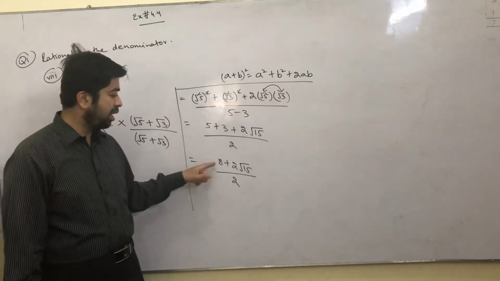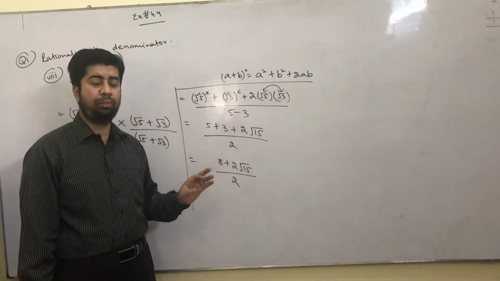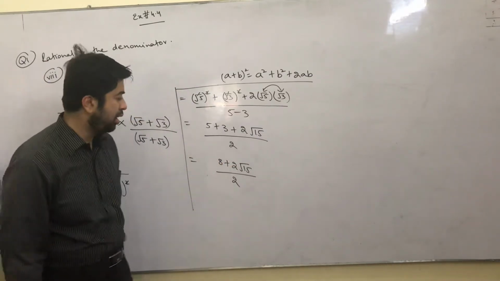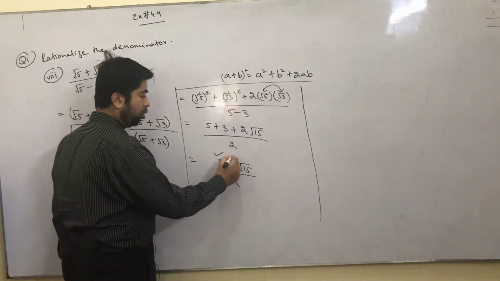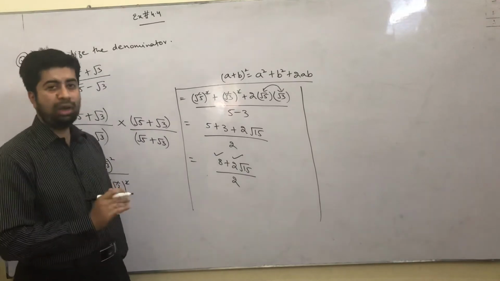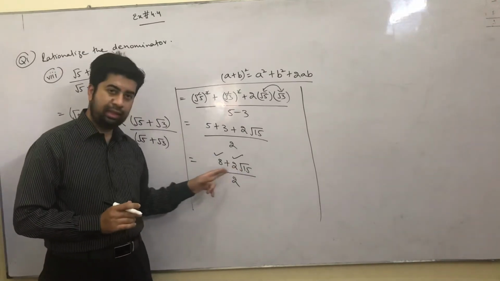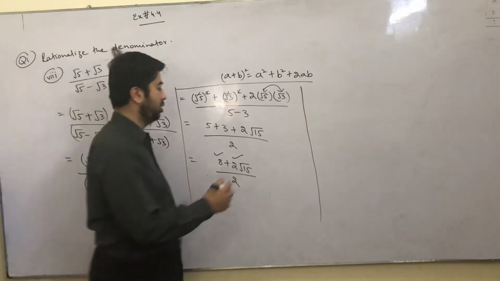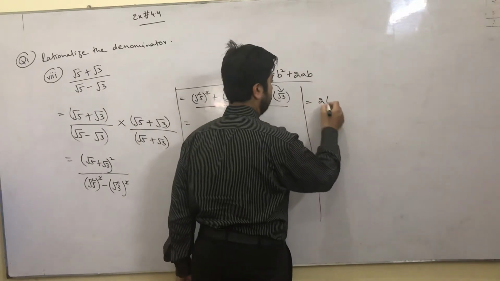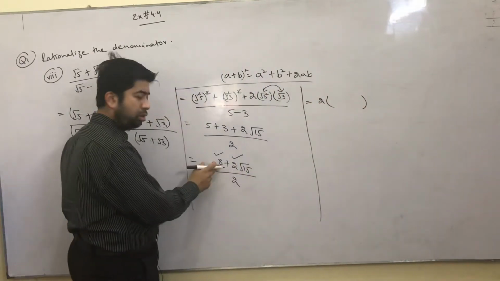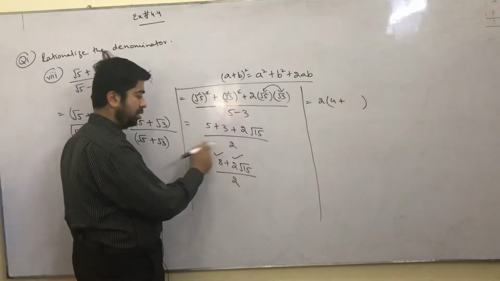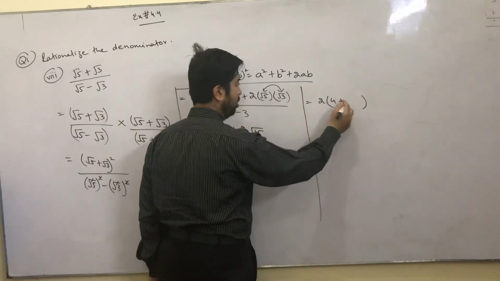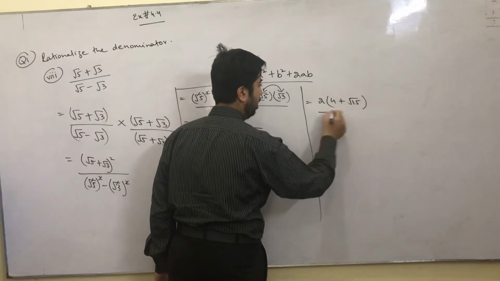If the thing is not independent, look at both these values: is there anything common here? Just watch and see. Yes, 2 is common. Taking 2 common, 2 fours are 8, so 4 is here, plus the 2 is outside, square root 15.